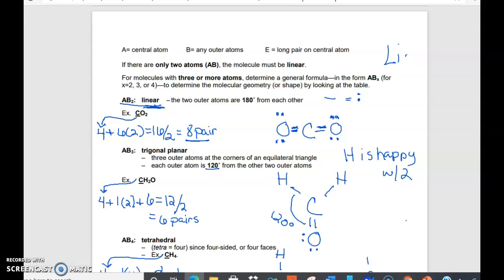Okay, these oxygens are holding on to the electrons equal to one another with respect to that carbon. So we would say that this is a nonpolar molecule because this molecule is evenly pulled.